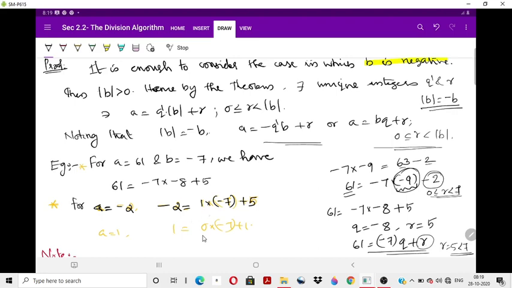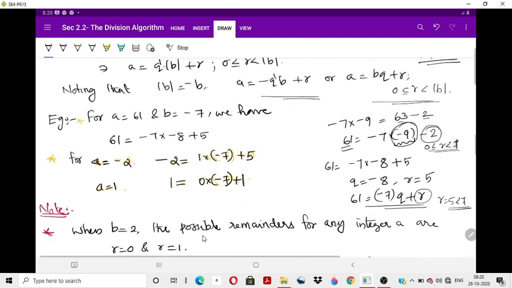So minus 2 is equal to 1 into minus 7 plus 5. This is okay since r is positive and less than 7. Now for a equal to 1, we can write 1 is equal to 0 into minus 7 plus 1. So the quotient is 0 and the remainder is 1 itself.